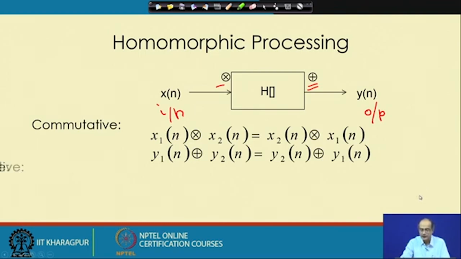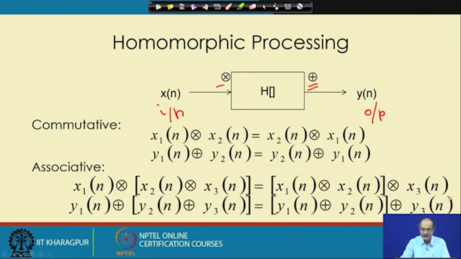Next, they have to be associative. Associative means that if the order in which the operators are used to combine the items is changed, we do not have any change in the ultimate result.